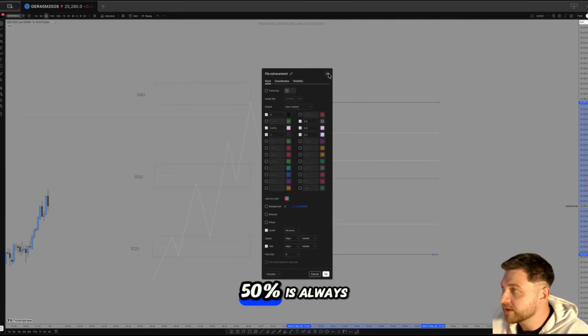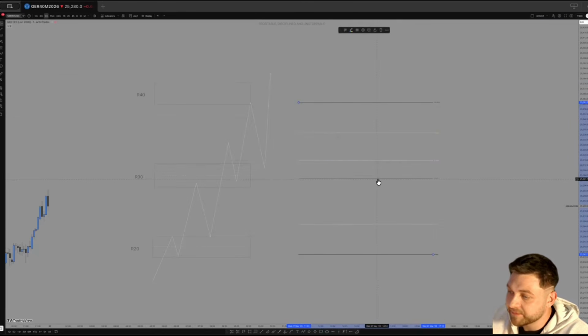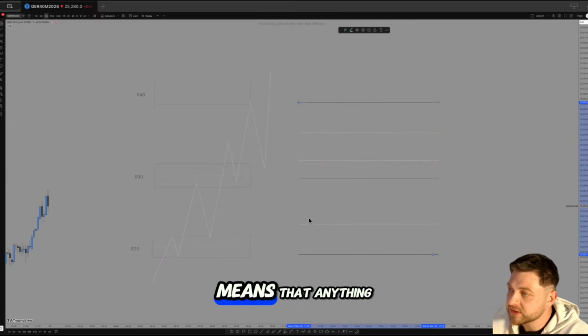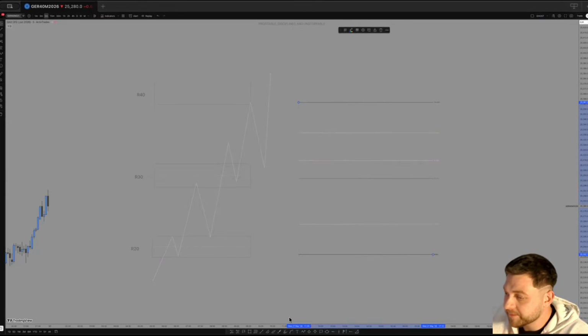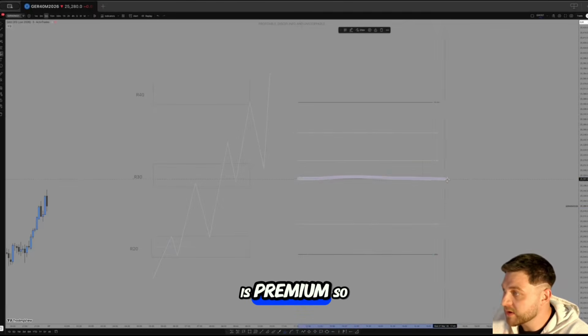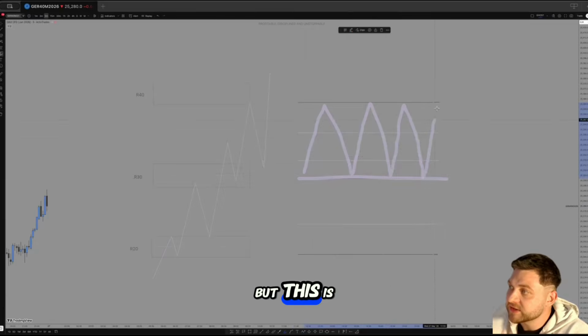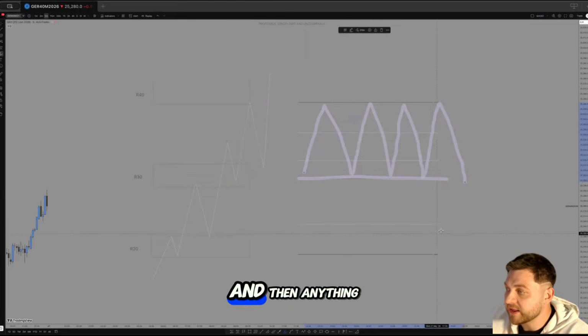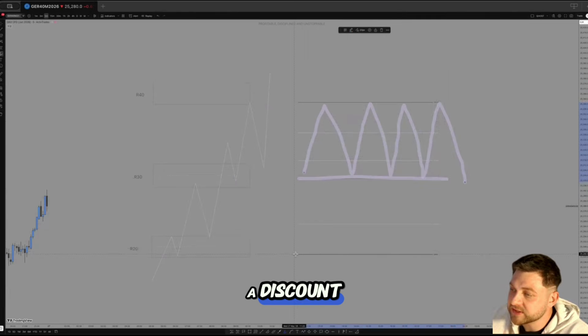Now the 50% is always our equilibrium. So what does that mean? That means that anything above 50% is premium. So this area is a no buying zone, but this is where you want to be selling price. And then anything below that is a discount.